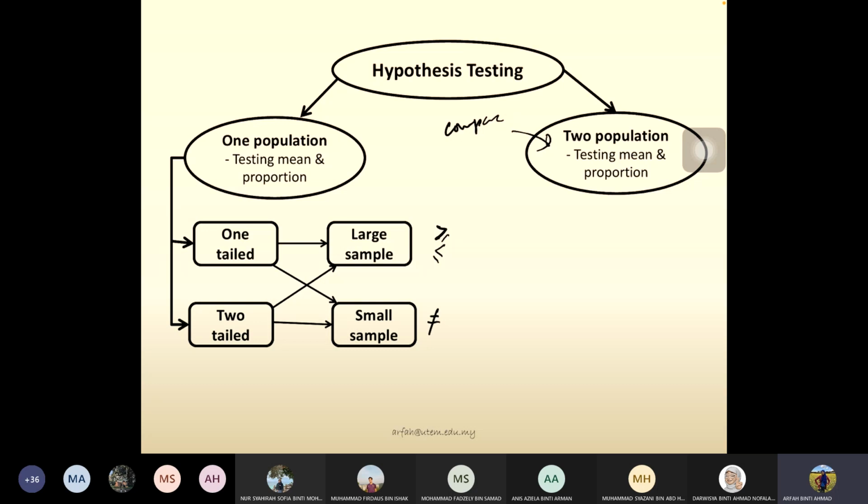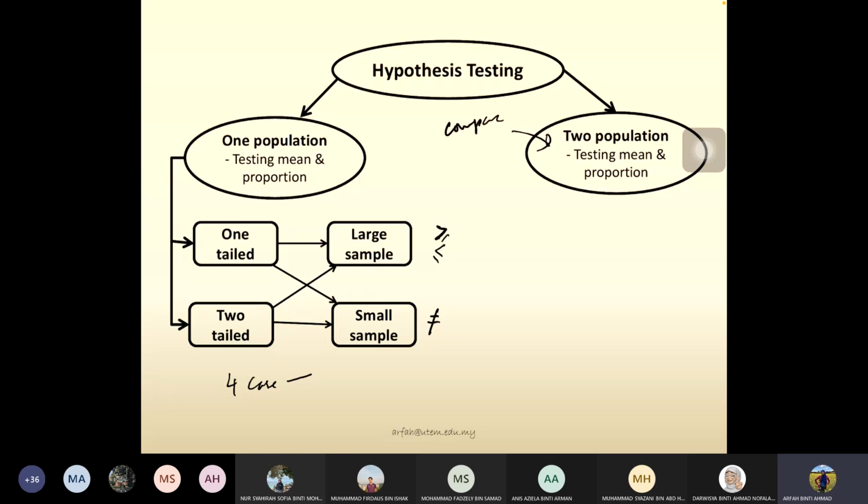So untuk both one tail or two tail, you are going to have testing on the large sample atau small sample. So large sample atau small sample ni bawa daripada apa yang awak belajar masa estimation, yang kita ada 4 case. Okay. Large sample sigma is known, large sample sigma unknown, and also small sample sigma is known.